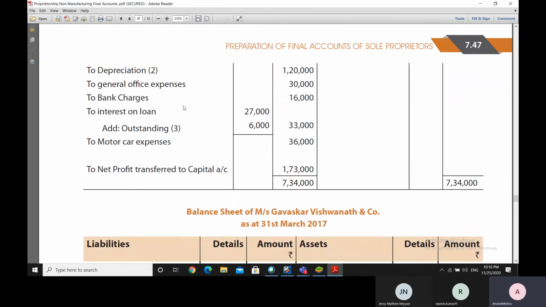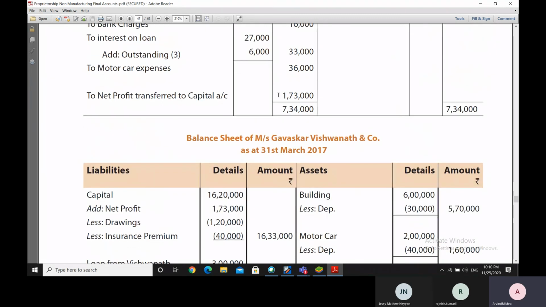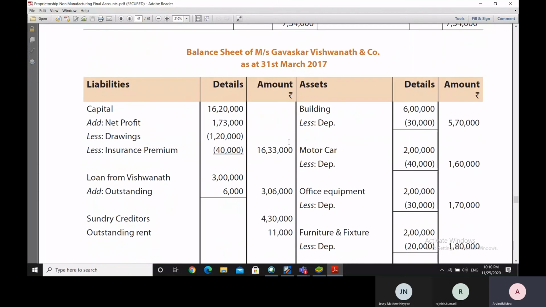And as you can see, all the other items, including depreciation, are to be entered in the profit and loss account on the debit side. Finally, the difference between two sides is net profit, and it is transferred to the capital account, added to the capital account here. And drawings have been reduced at 1,20,000 rupees.